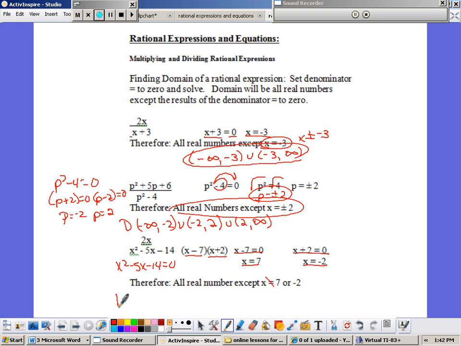So if I was writing the domain, it would be negative infinity to negative 2, jump, negative 2 to 7, jump, 7 to infinity. Now we're going to use these two ways. One, we're going to use it to find our domains, and two, we're going to use it to find our restrictions. For restrictions, you only have to put x cannot be 7 or negative 2. You do not have to write out the whole domain. But for the domain, you will have to write it all out in function notation.